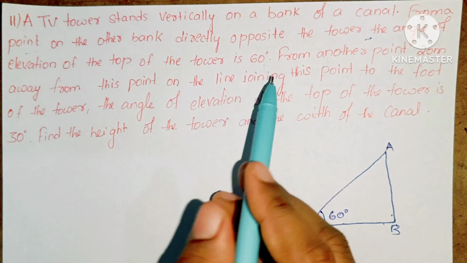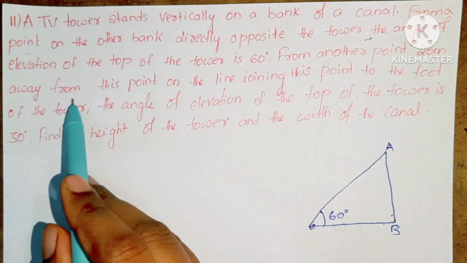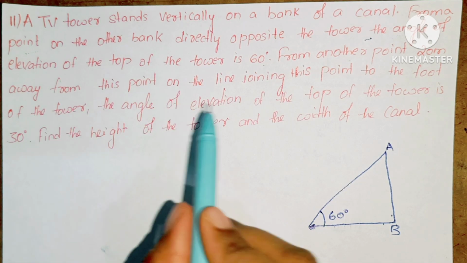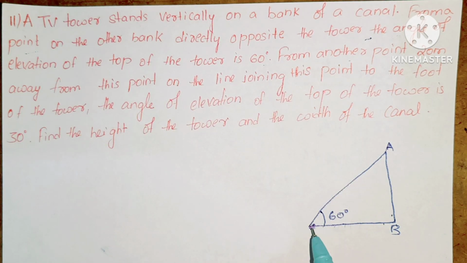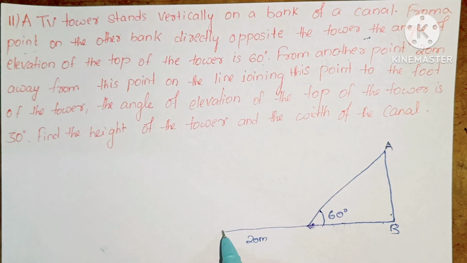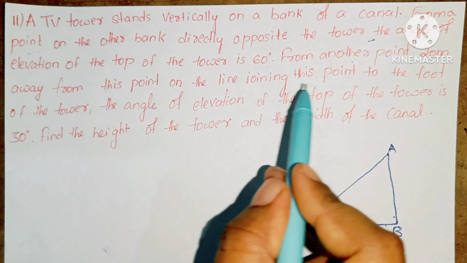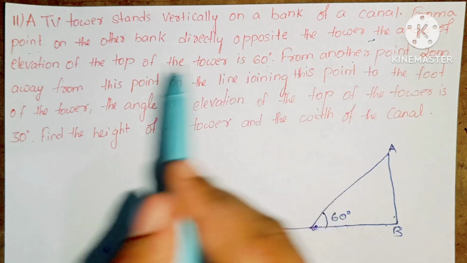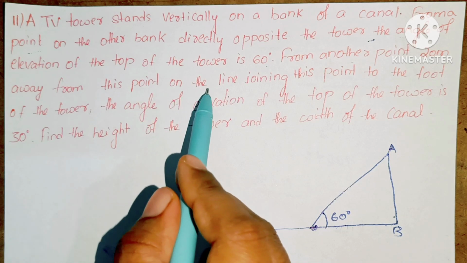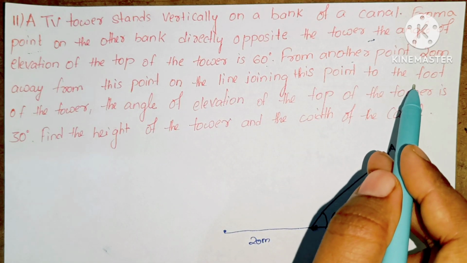Okay. So next, what he asked: from another point 20 meters away from this point, that means another point was created 20 meters away. On the line joining this point to the foot of the tower.